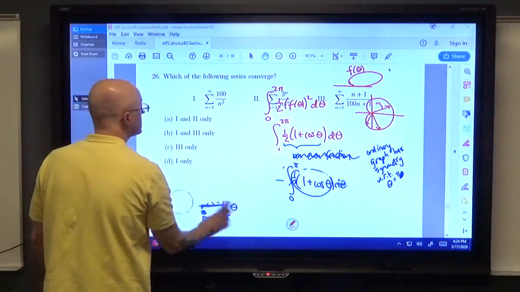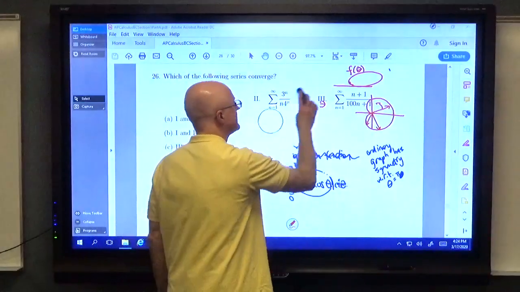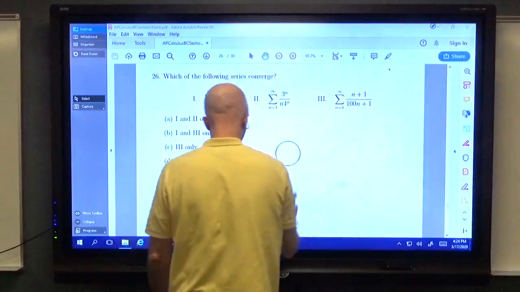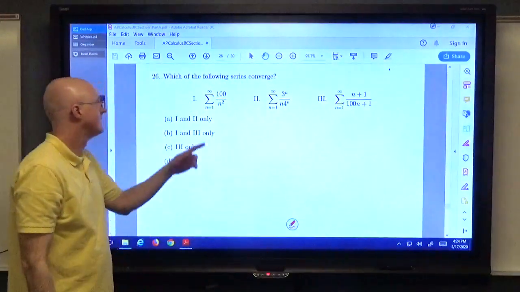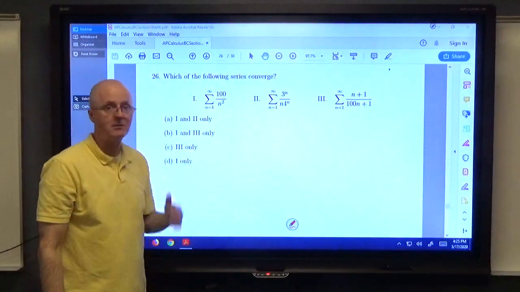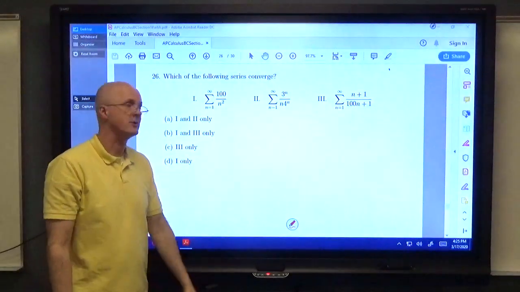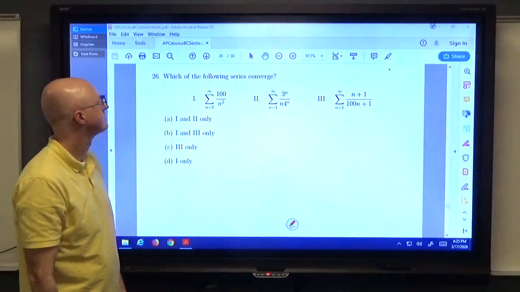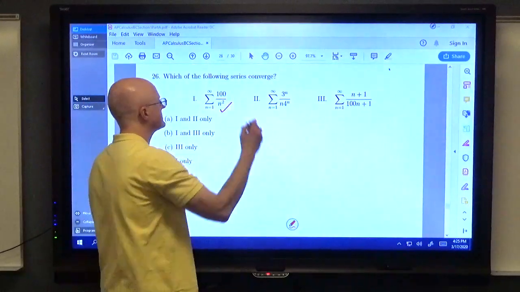Which of the following converge? This is just based on knowledge of facts. That's 100 times a p-series with p equal to 2, which is bigger than 1, it converges. In spite of the fact that 100 is a much bigger number than 1. This one converges.